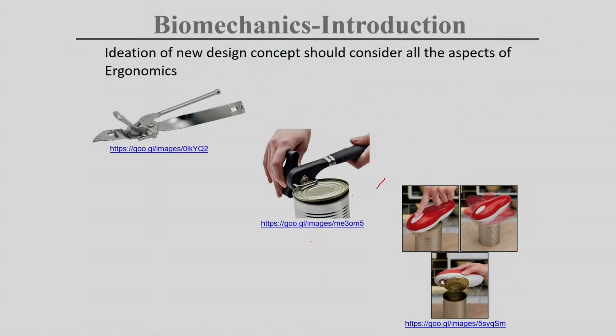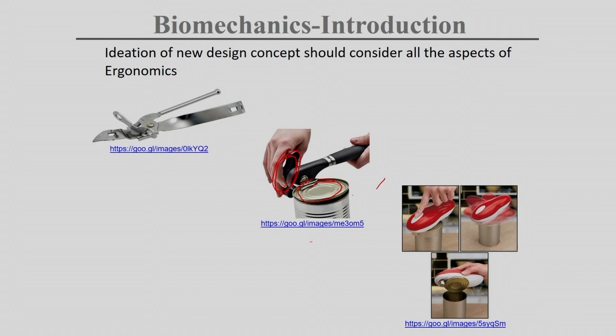As you have seen, when the person was using this product, we needed a certain type of force to operate this thing. First he or she holds this part of the product, and then twists it, using a certain torque because it is a circular object, and then revolves this around the edge of the can, and finally the can got opened.